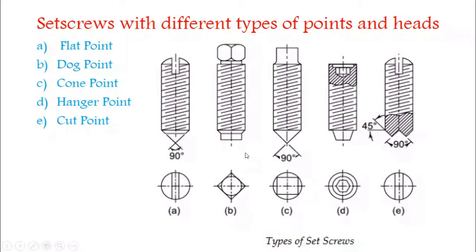Some set screws have hexagonal and square heads, as shown in figures B and C. But the majority do not have heads, as shown in figures A and E. They have a slot for the screwdriver.